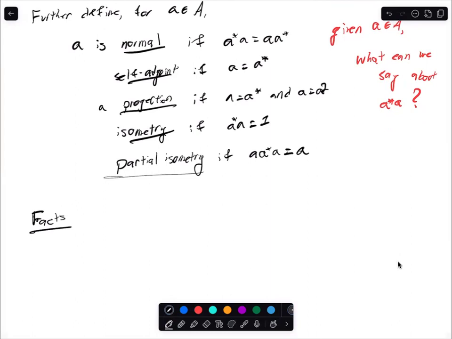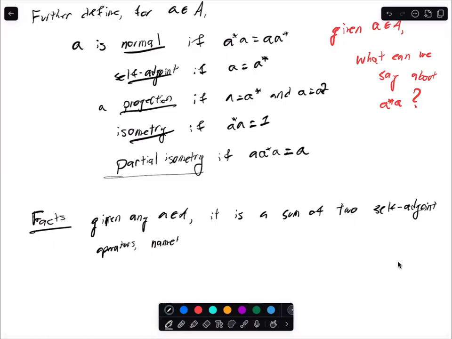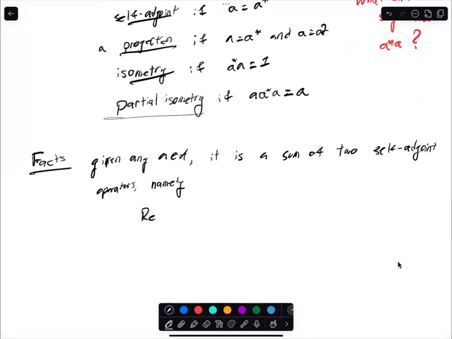Given any operator in a C-star algebra, it is a sum of two self-adjoint operators, namely the real part of A, which is defined in exact analogy with what you do for the complex numbers: you take the sum of A with its adjoint, which for complex numbers would be the complex conjugate, and you take the imaginary part to be the difference, where you divide by 2i, A minus A star.